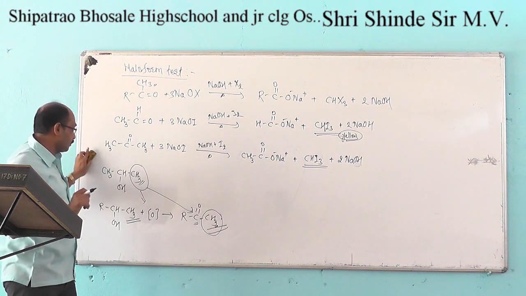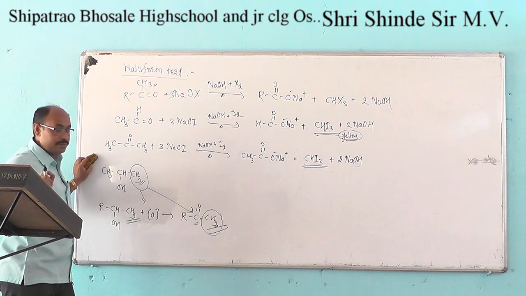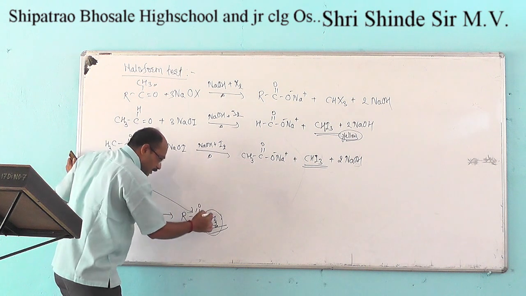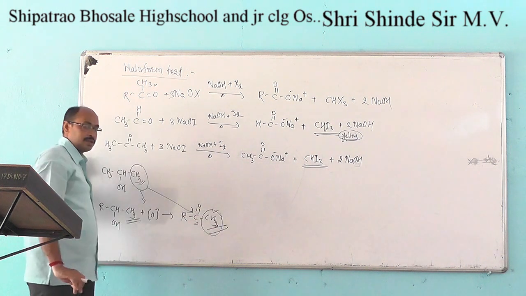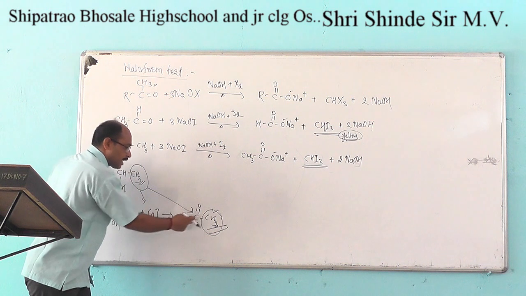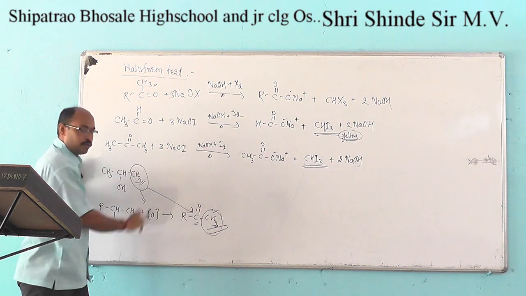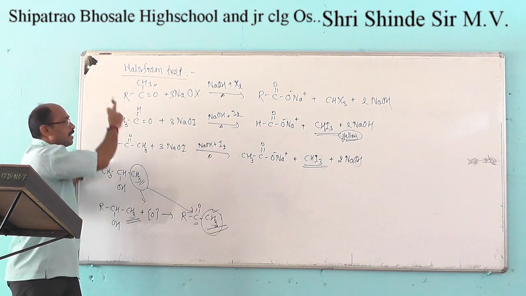This one is very important here. Those alcohols which on oxidation give these types of ketones which have at least one methyl group can also show this haloform test.